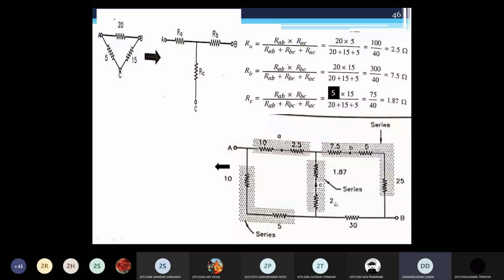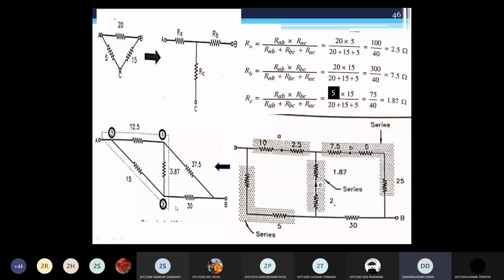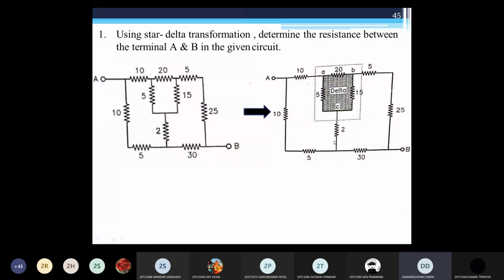If you reduce this circuit, it looks like this way. Here it is 10 plus 2.5, which is 12.5. Here it is 7.5 plus 5, plus this 25, which is also connected in series. In the main circuit diagram, 5 and 25 are connected in series, and with them the B point resistance, 7.5, is again in series.